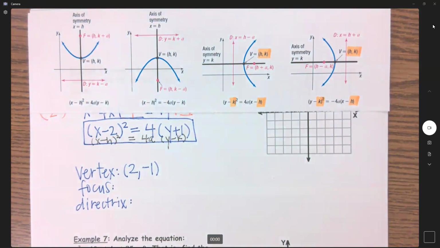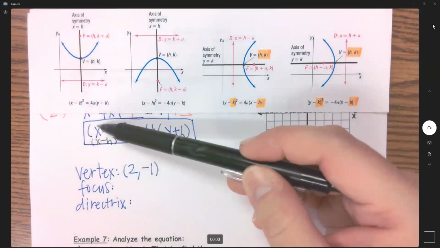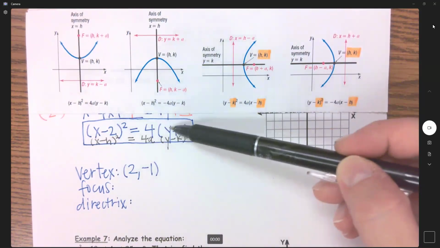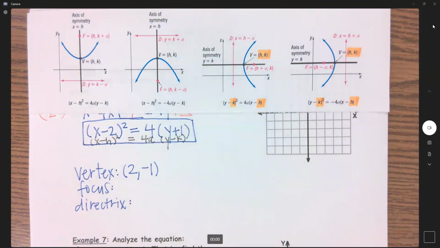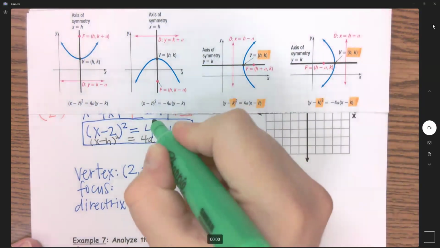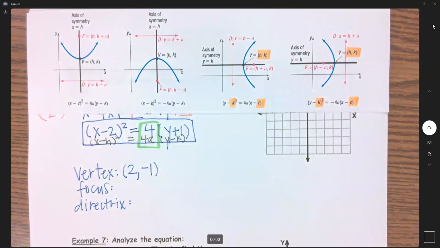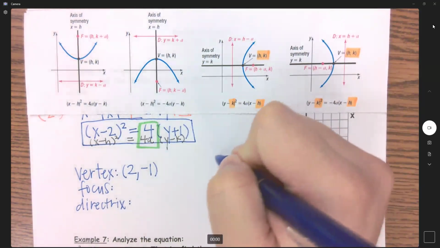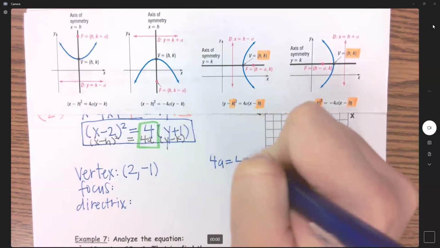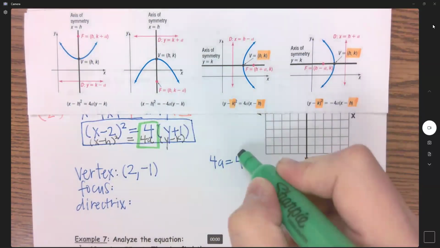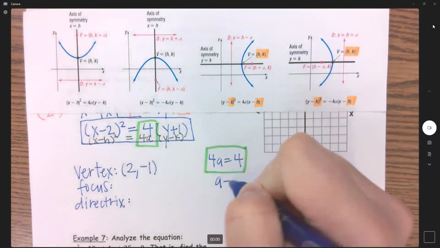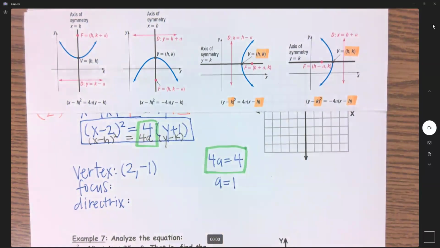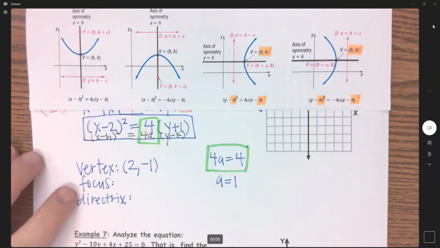So I purposely spaced this out properly. You can see your x, your h, you can see your y, and your k. So what are we comparing here? These two here. So if I have 4a equals 4, that tells me that a equals 1. So now I can find these here.